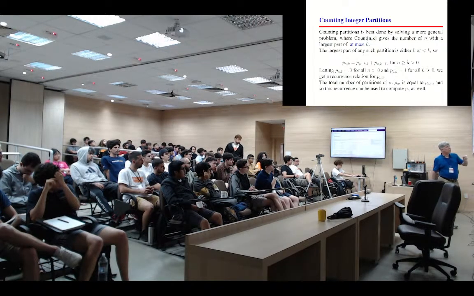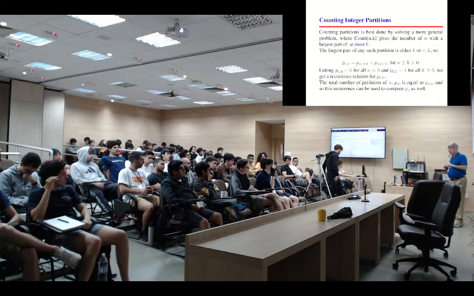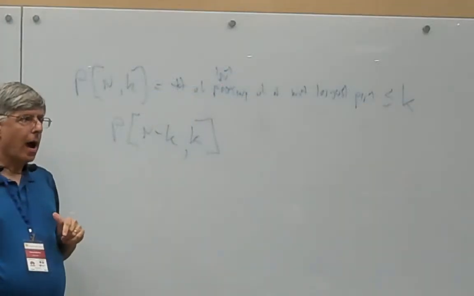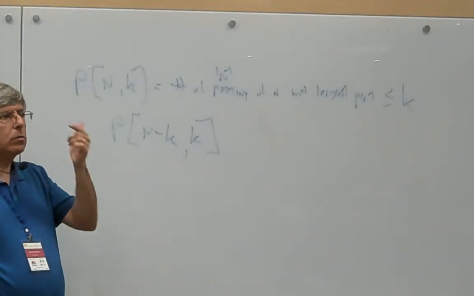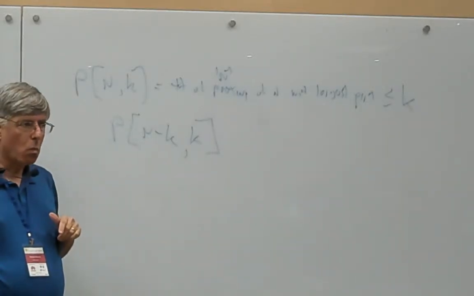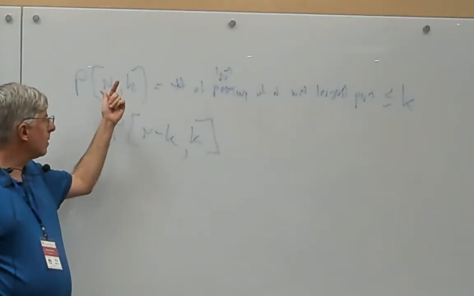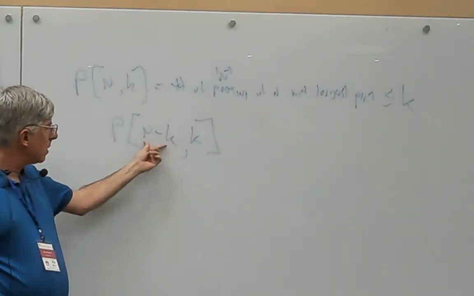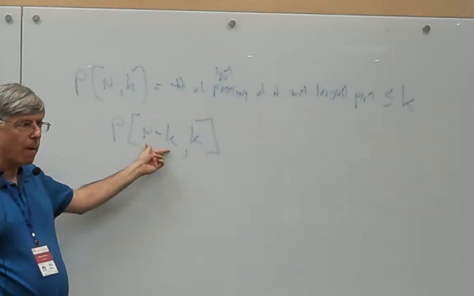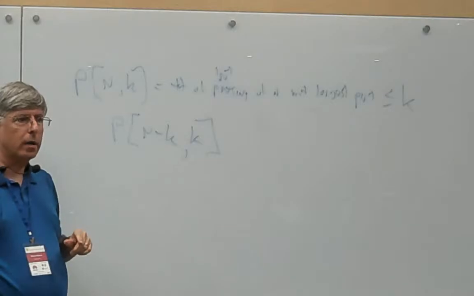So what does this count? That means the largest element is exactly k. If you take that largest element out, you've got n minus k left to add up, and you're still allowed to use parts of size k.